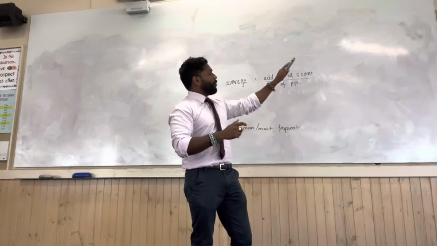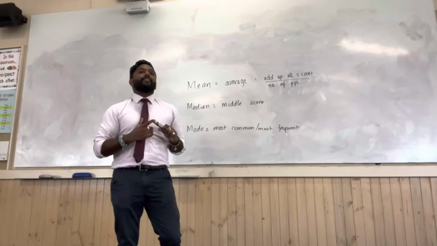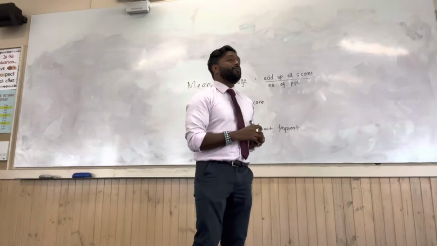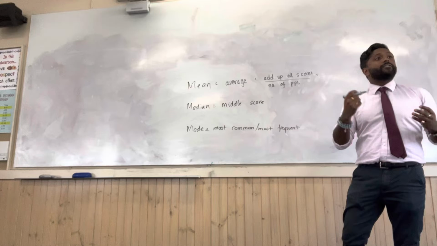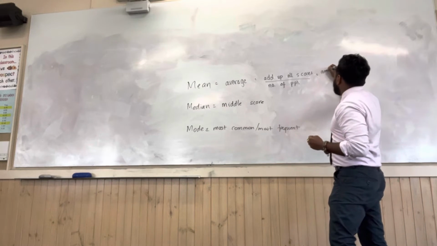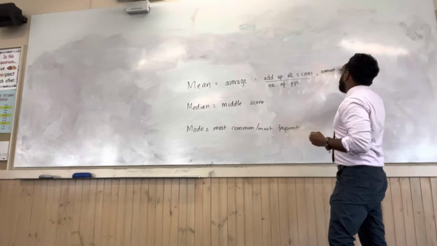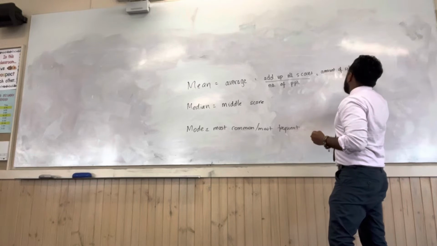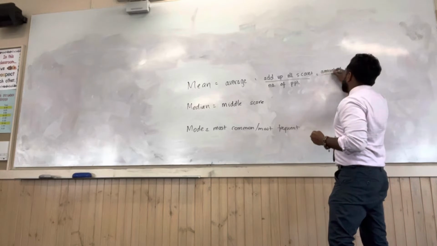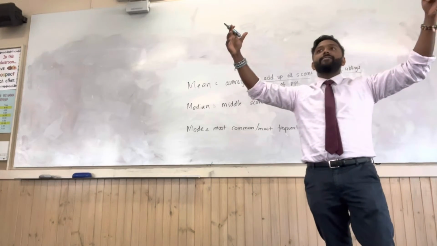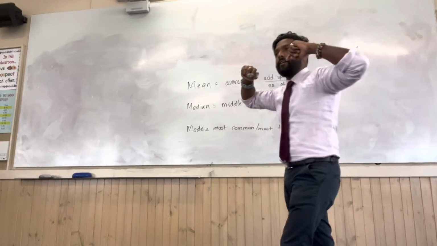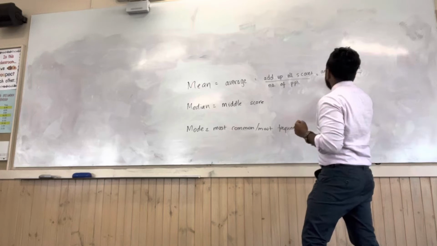So what were all the scores when you add them up all together? 20? Okay. So if you add up the actual amount of siblings, there are altogether 20 siblings. If I counted up all the siblings in the class, there are 20. So let's say we got 20.